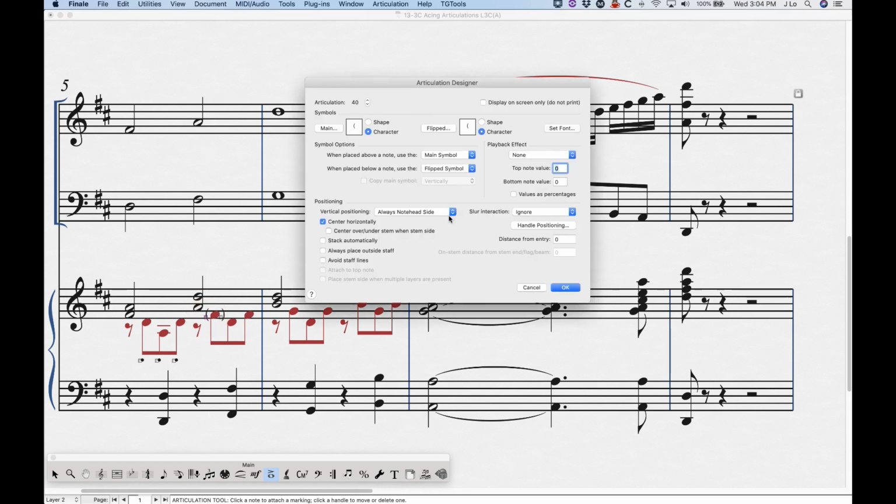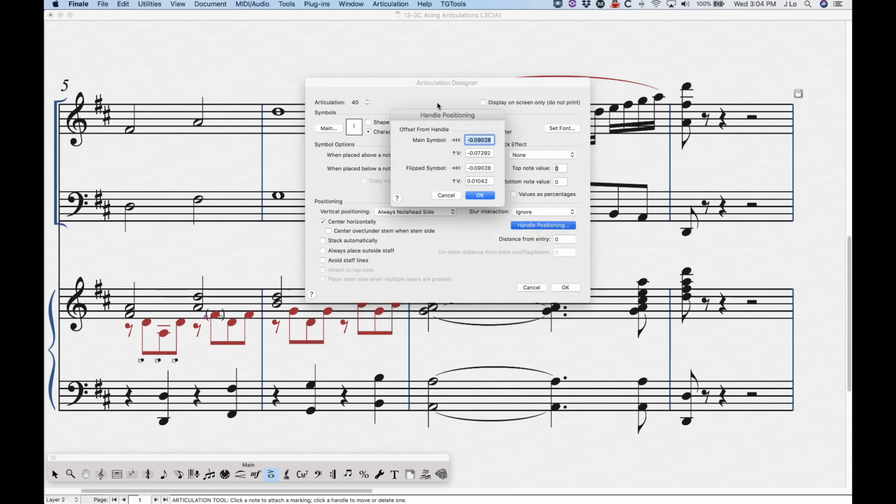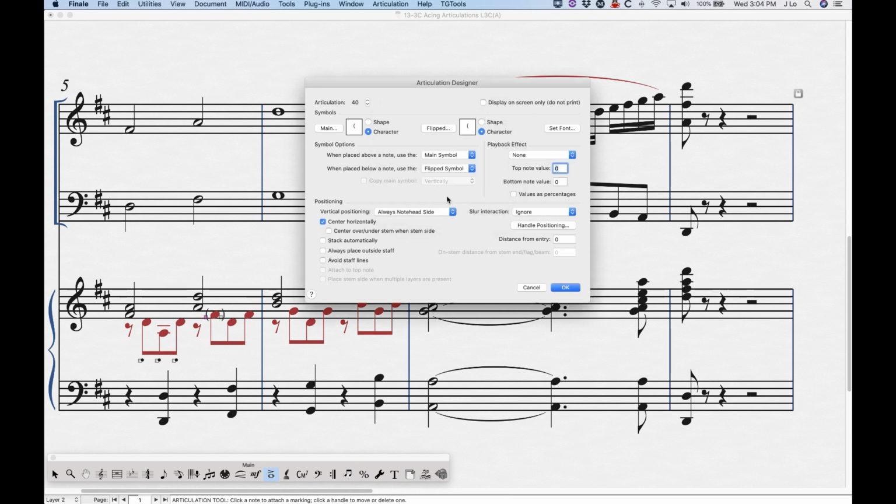And one interesting thing to note about this particular articulation is that it does say it's centered horizontally, but obviously those articulations are not centered horizontally over the note, right? Essentially what's going on here is there is an offset set in the handle positioning over here that is setting the left bracket in this case to the left of the center.